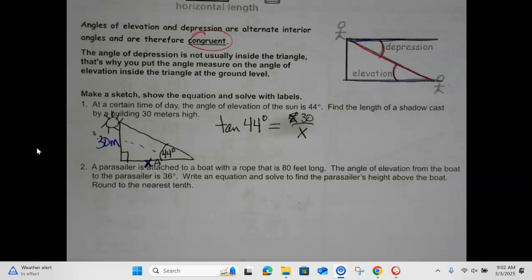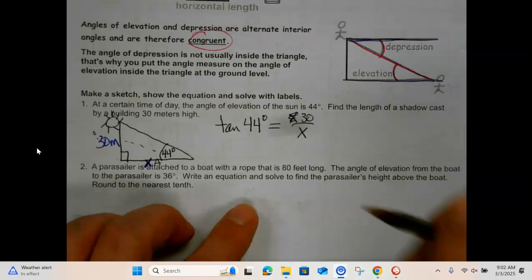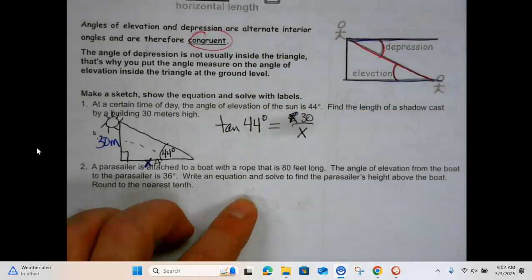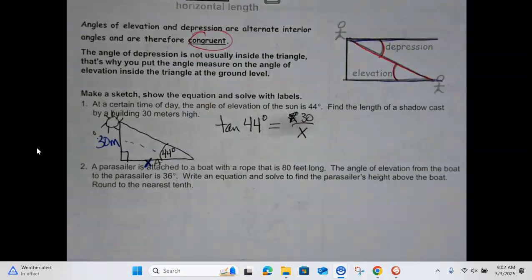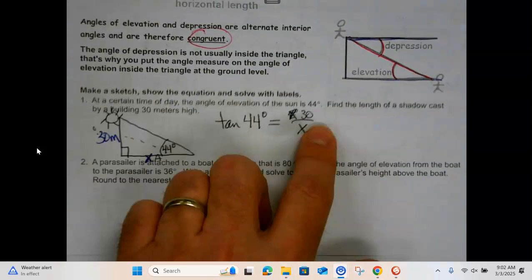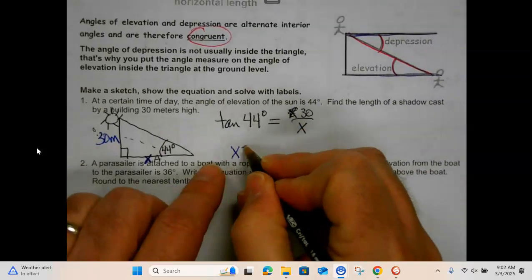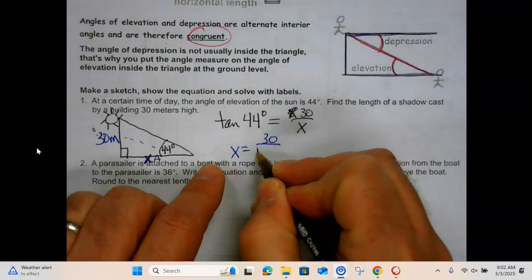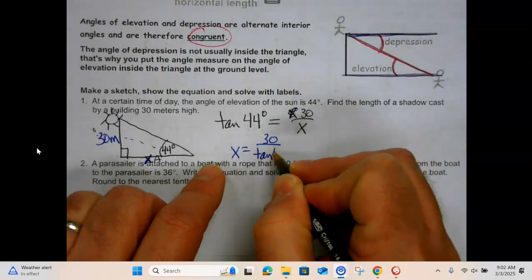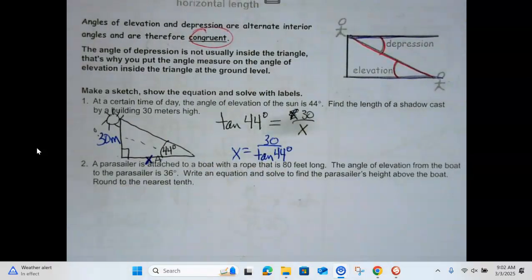If I remember the pattern from last week, otherwise I could multiply both sides by x and then divide. But if x is in the denominator, remember, you're just dividing the 30 by your trig function. That's where we're going to end up.